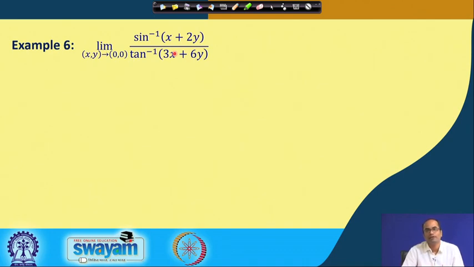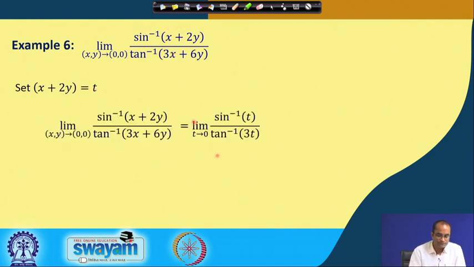If we substitute x plus 2y as a new variable t, then we can convert this limit to the limit of sin inverse t over tan inverse 3t, as t approaches 0. So, this is another convenient way without fixing the path.